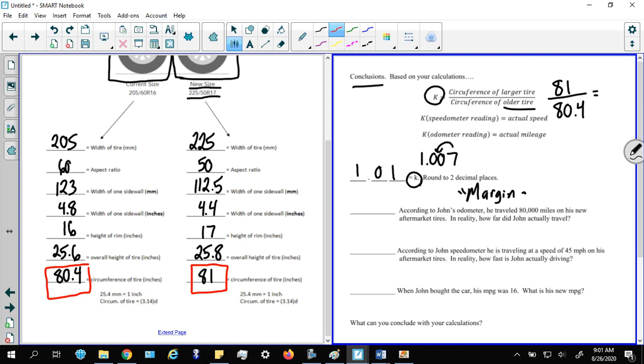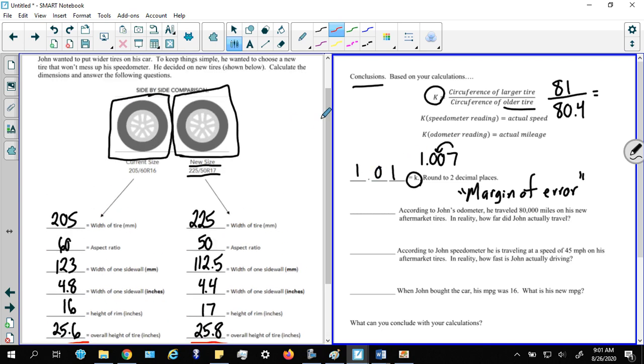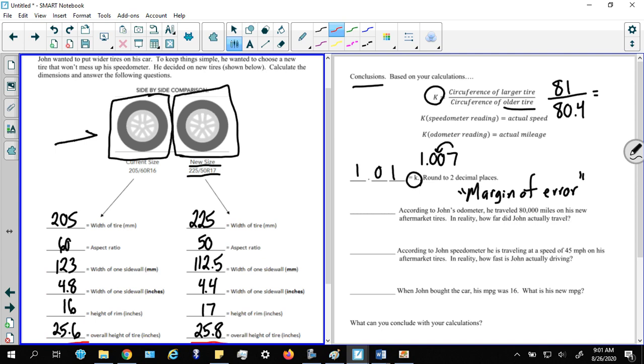The way your car's computer is set up, every time your car turns the wheel, the tire rotates, it's assuming that you're using the factory size tire. Unless you recalibrate your speedometer and odometer, it doesn't know that you now have a bigger tire.